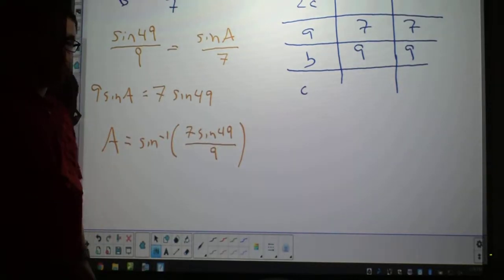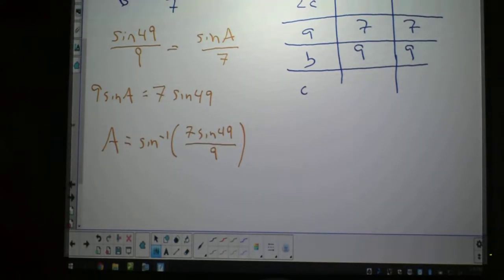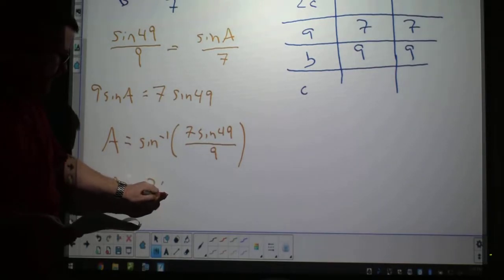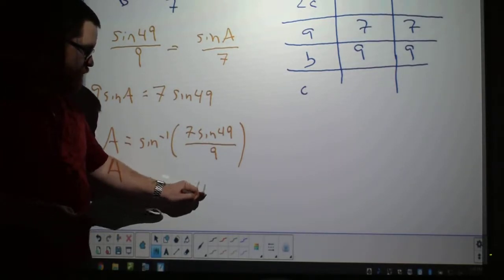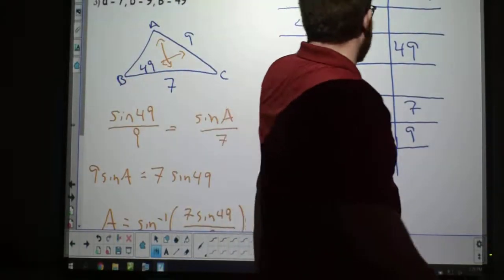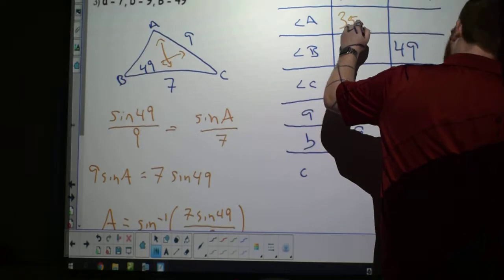And then if you type all that in the calculator, which I did a second ago, you're going to get A equals 35.944. So I'm going to come up here, and I'm going to say that angle A equals 35.944.